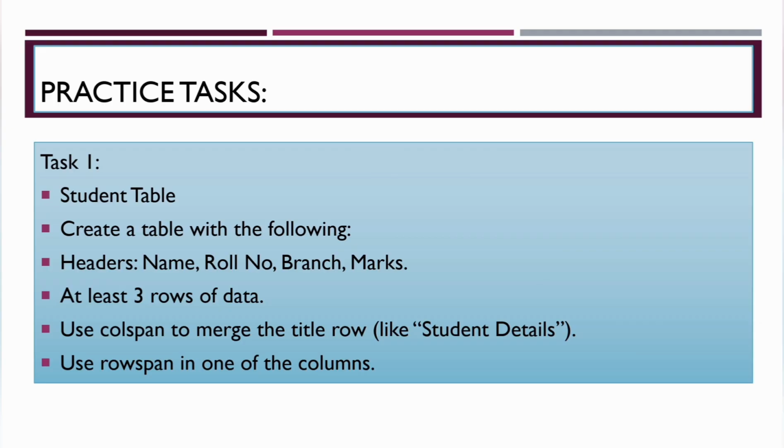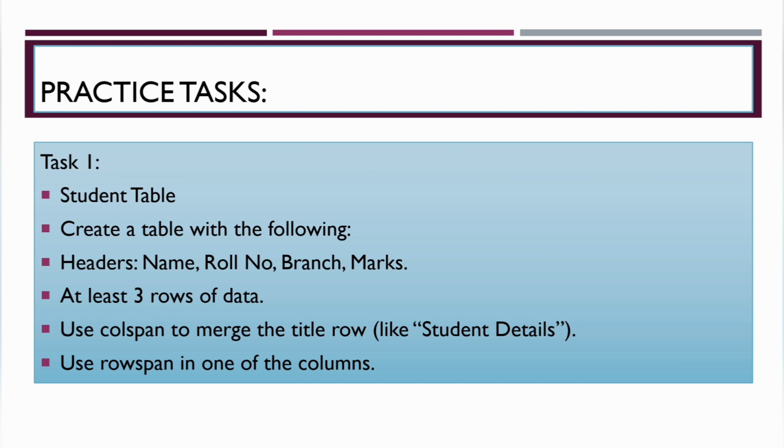Just a minute. Yeah, now it's your turn guys. Practice task. Here I'm giving two tasks, because in this video we covered two major topics: one is table and another one is forms. Let's go to task 1.